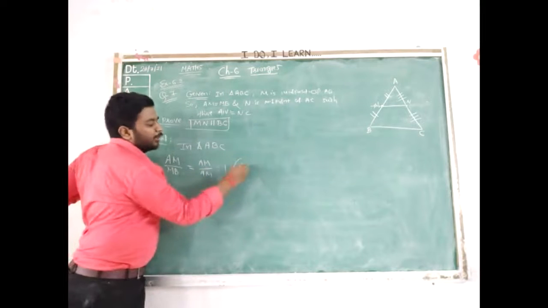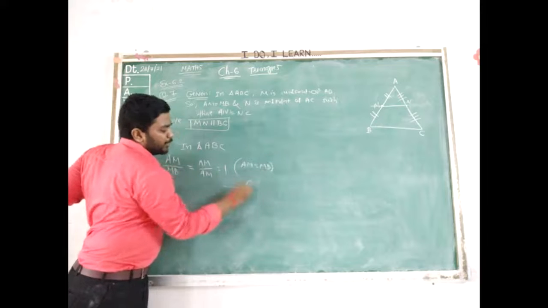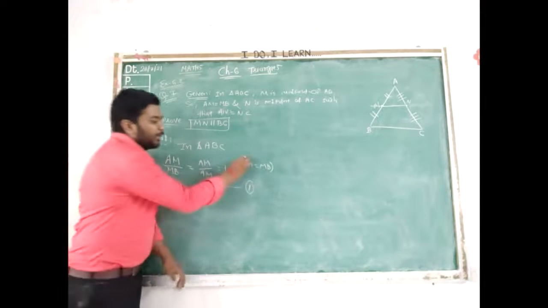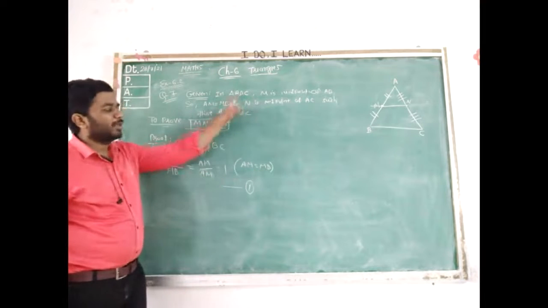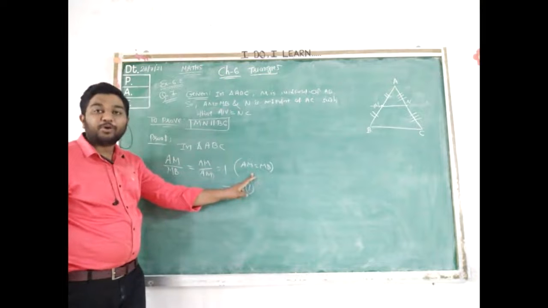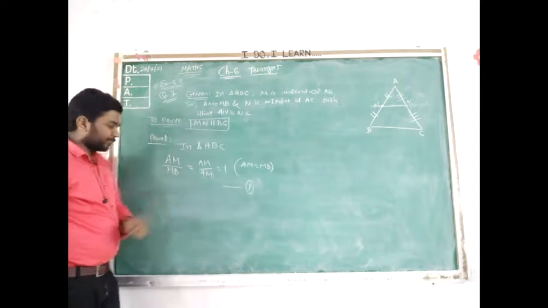Why? Because AM is equal to MB, or you can write M is the midpoint of AB. This reason I have written, because AM is equal to MB. It can be in the given also, or you can write M is the midpoint of AB. So that is why I had written this as equation number 1.